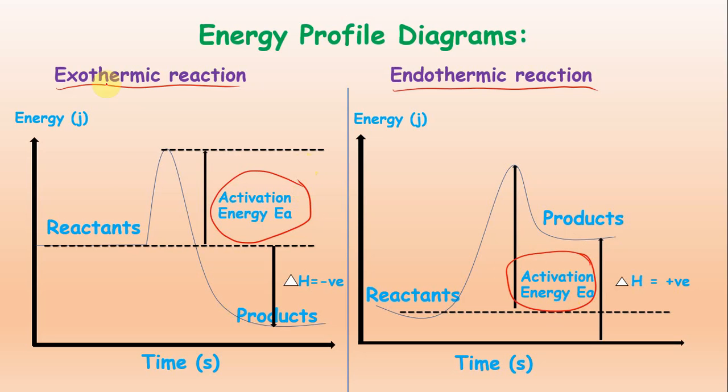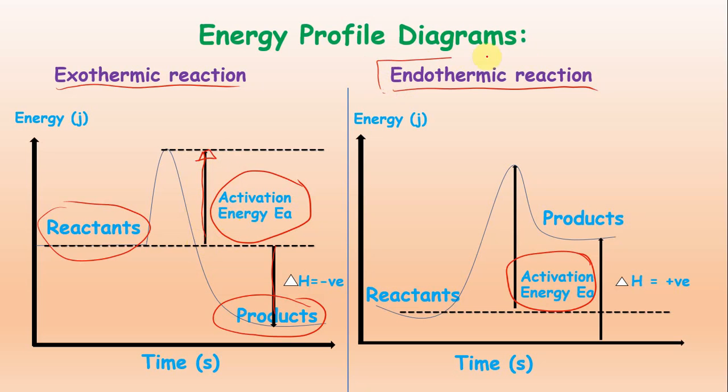Now, this is an exothermic reaction. Reactants are here, they will release the heat energy and then products will be produced. This is called delta H, the change in heat energy, the enthalpy change. And they must have the activation energy for the reaction to proceed.